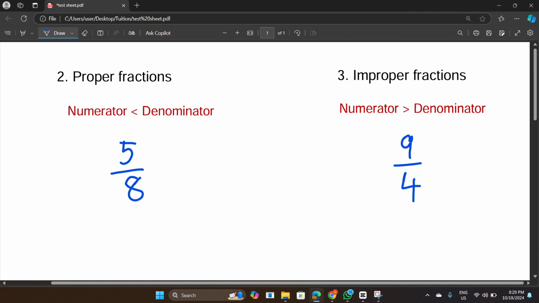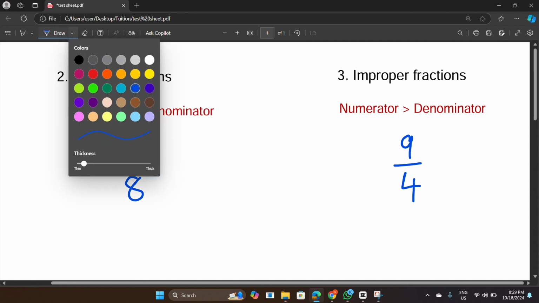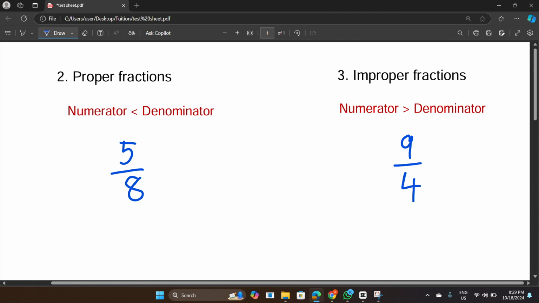We can write more examples of proper fractions: 4/5, 1/2, 100/102, 9/10.